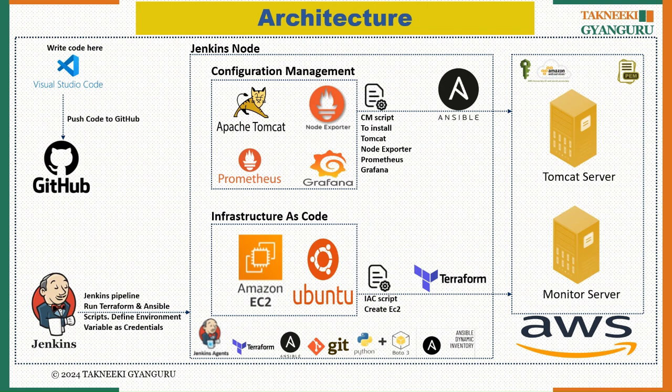So I will not push the code from here, and then we'll run the job, and this job will pull the code from GitHub and push it into our Jenkins node, and then start creating the infrastructure and install these monitoring tools, and then we will go and test these tools in the browser, right?